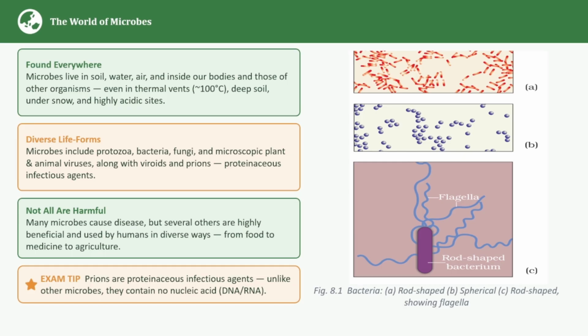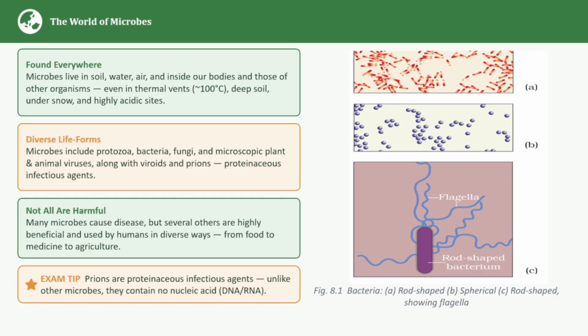Okay, if microbes are present everywhere, including inside our body, does that mean every microbe is harmful? No, not like that. This is one of the most important ideas we are going to learn in this chapter. Some microbes cause diseases, but many microbes are extremely useful to us. They help us prepare food, make useful products, and perform many different processes.